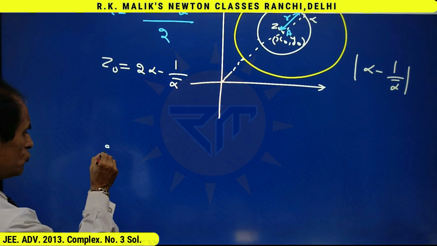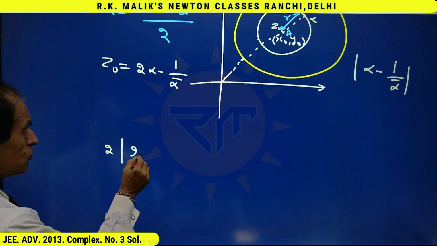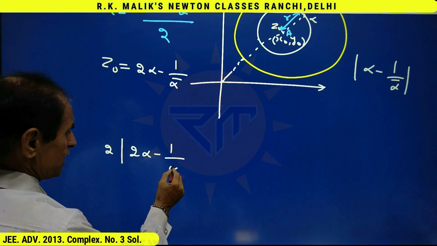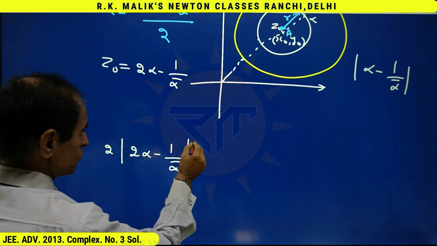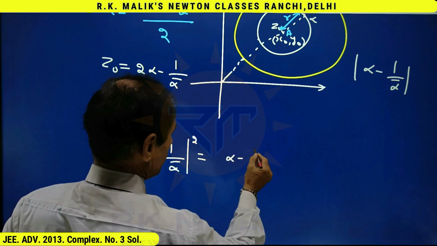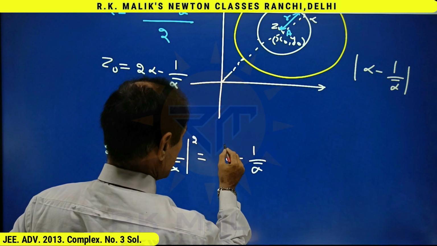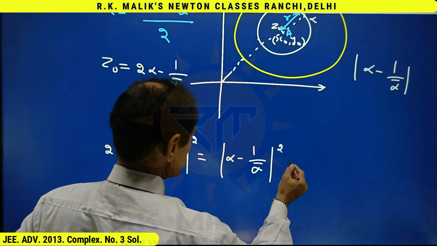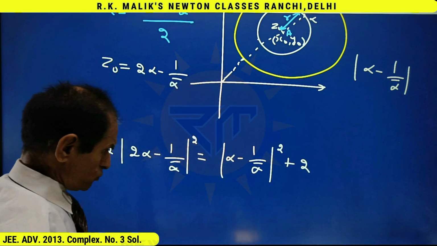See, 2 into mod of (2 alpha minus 1 by alpha bar) whole square equal to (alpha minus 1 by alpha bar) whole square plus 2.